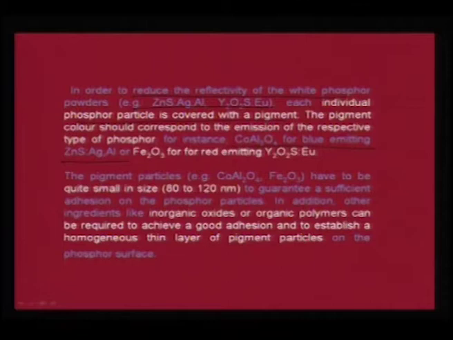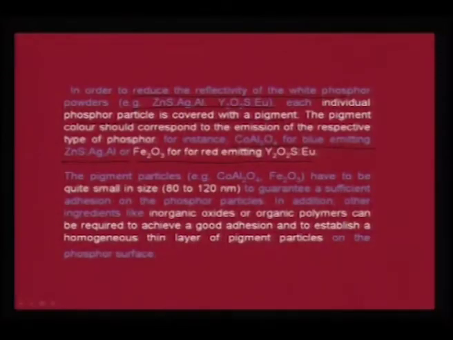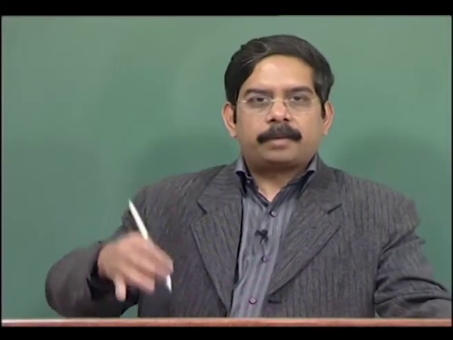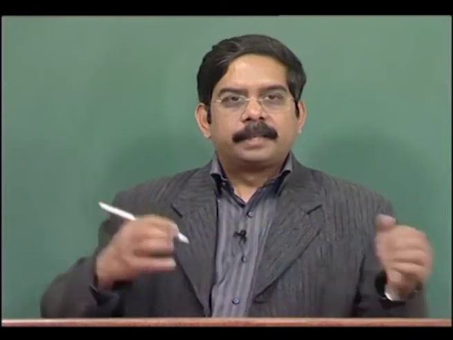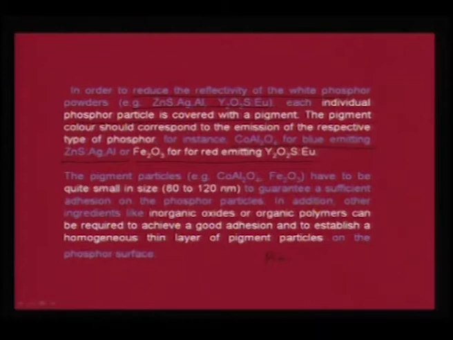Similarly, you can use iron oxide, it could be alpha iron oxide powder, which is used to control the reflectivity as far as the red emitting yttria compounds are concerned. So, each of these phosphors have to be controlled in order to combat the daylight reflectivity. As a result, we have a new generation called pigmented phosphors which are used, and this again depends on the company which is making them and the requirements.